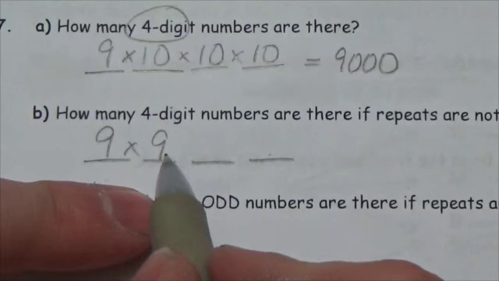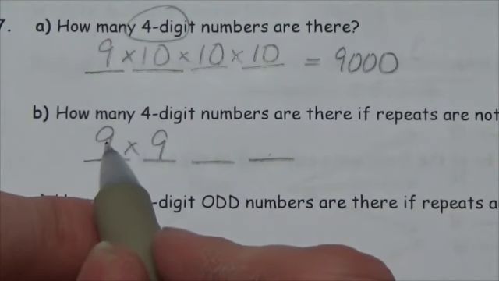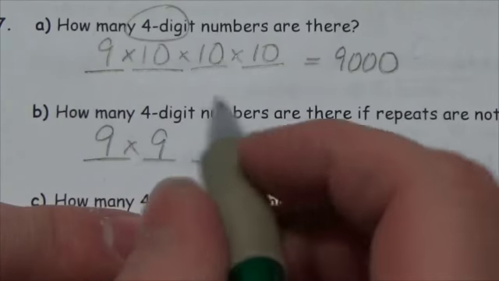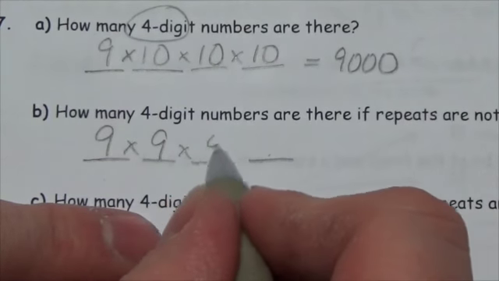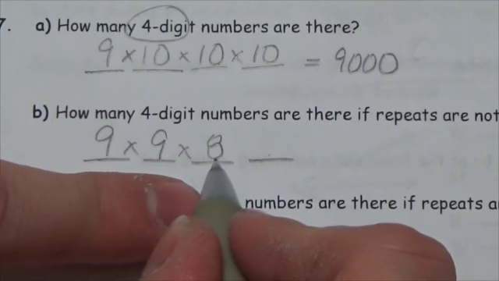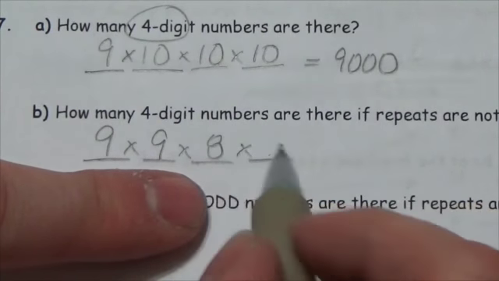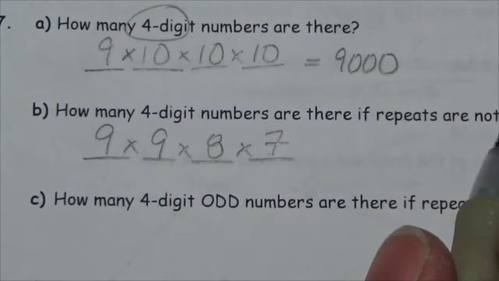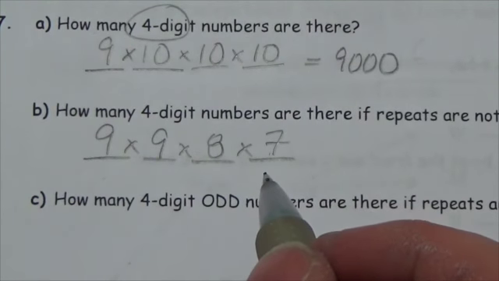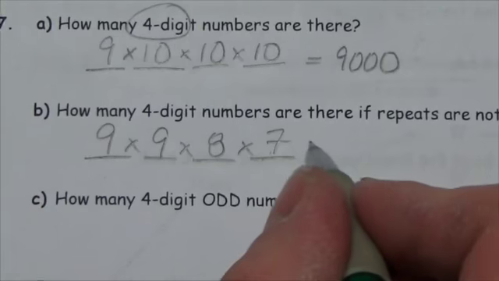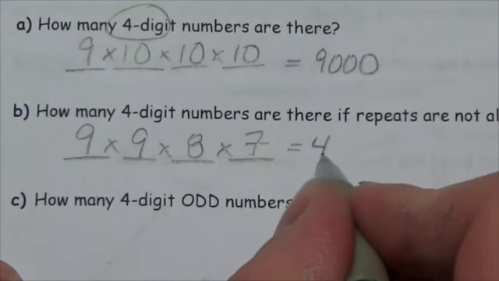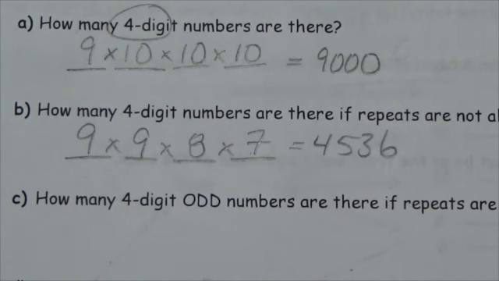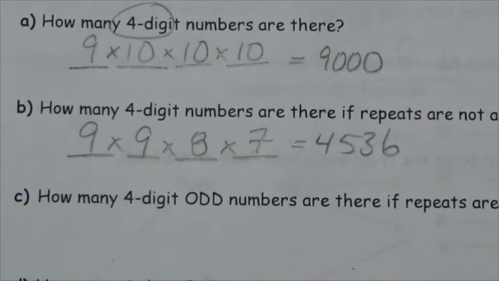I can use 0, but can't use whatever I used up front here. Now, by the time I get to this position, 2 digits have been used, which means now I've only got 8 options for this digit here. Over here, 3 digits have been used, so I've only got 7 choices for that last digit there. And when we multiply those all out, we're going to get that you've only got 4,536 different four-digit numbers that can be produced that don't have repetition.